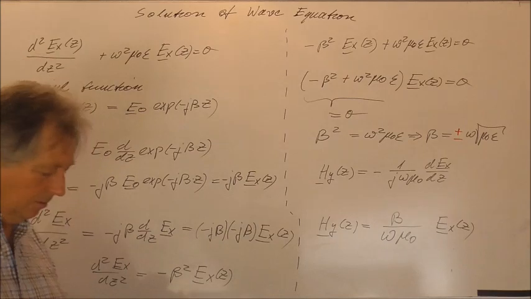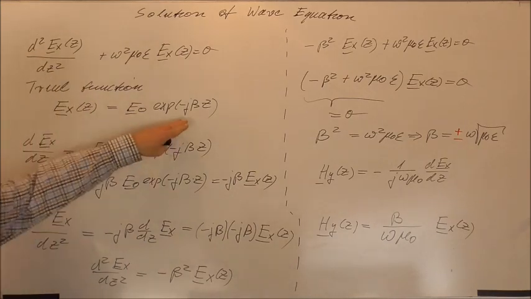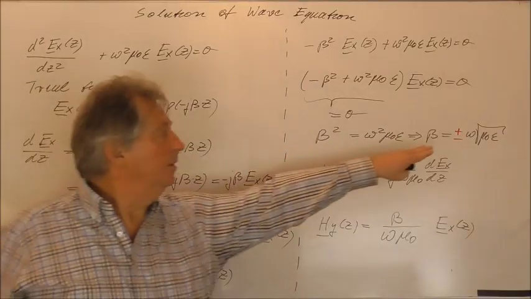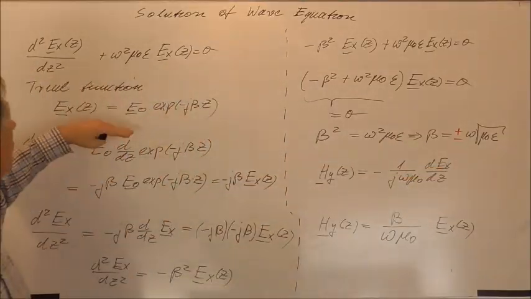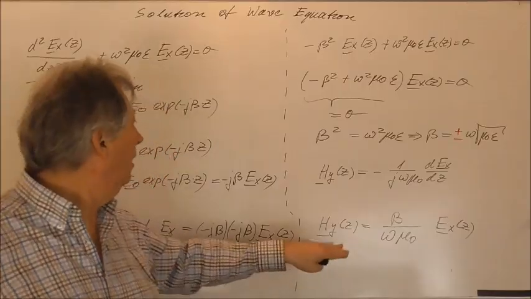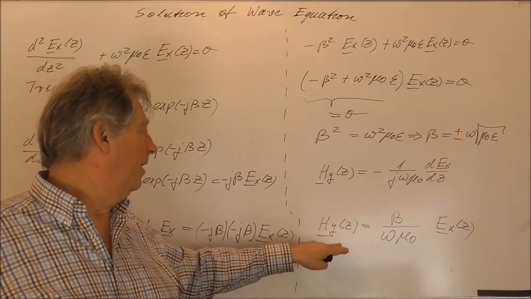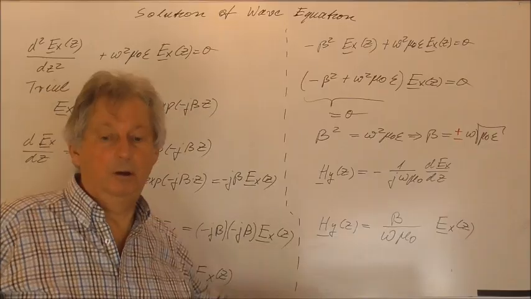So in principle we found now the solution. As long as we choose beta to be equal to this term, this function would be a solution. And also we found here the function for the magnetic field also.